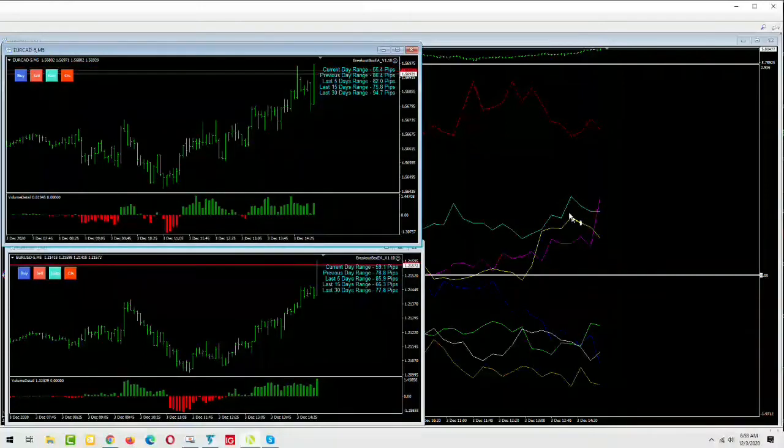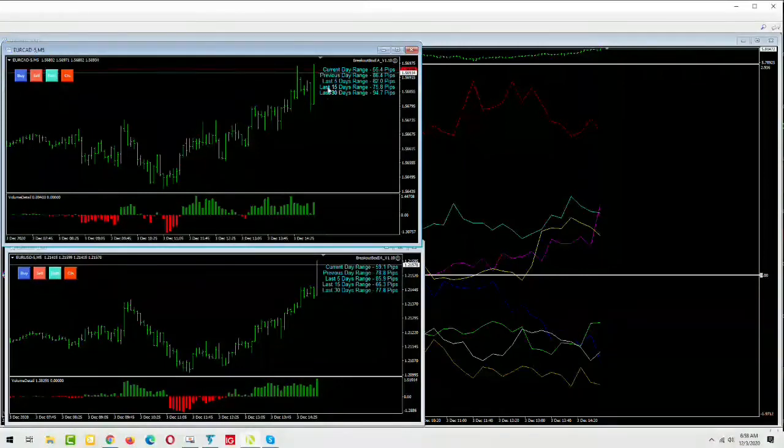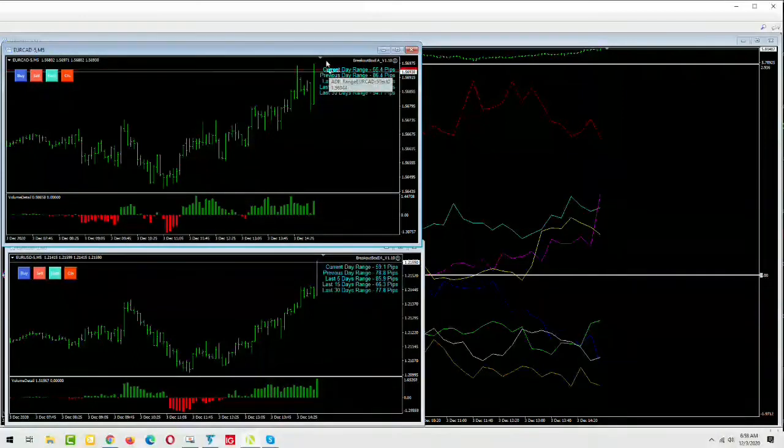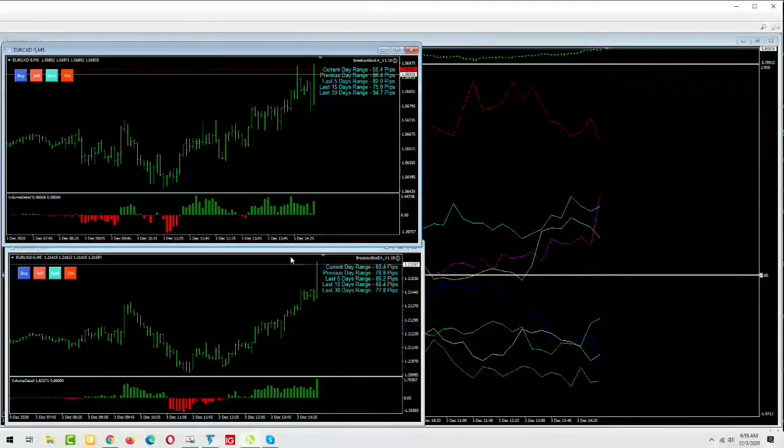So I'm going a little bit over my time, but what we would want to do here is, as the new session begins, using the software here, we'll get a little box, and the box is going to paint. It'll paint 10 pips above and 10 pips below wherever price opens for each of these currency pairings.